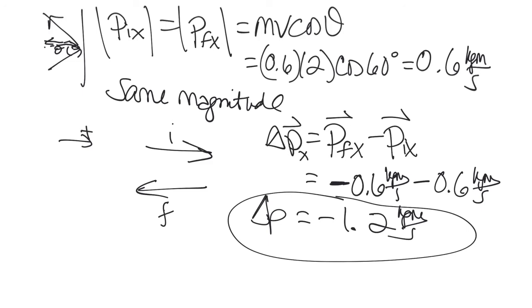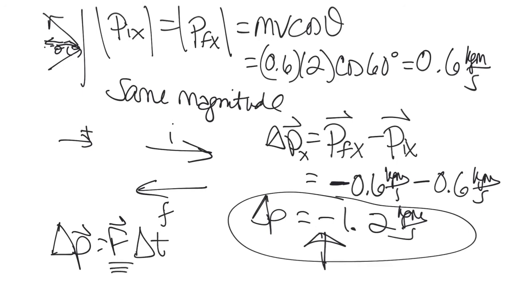That's our impulse. So what does that negative mean? When I write delta P is F delta T, and sometimes we write T, sometimes we write delta T, we go back and forth. That negative sign is really the direction of the force that's causing the change in momentum. And I think that's a good place to stop.